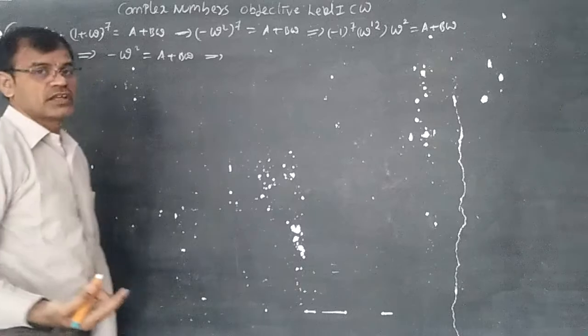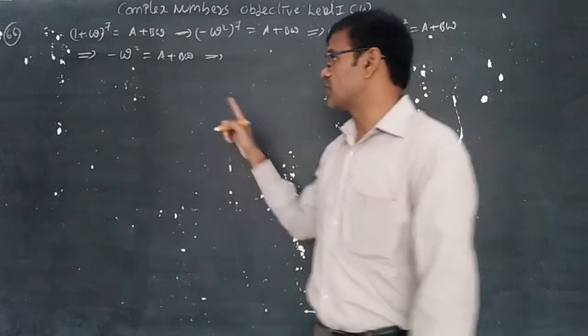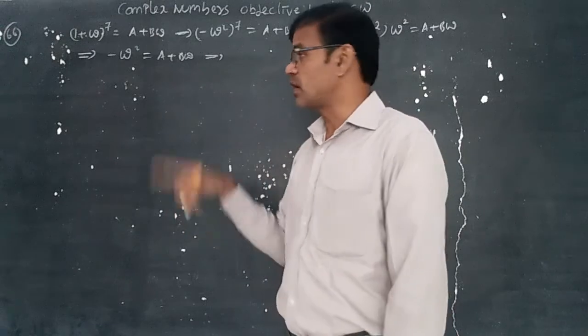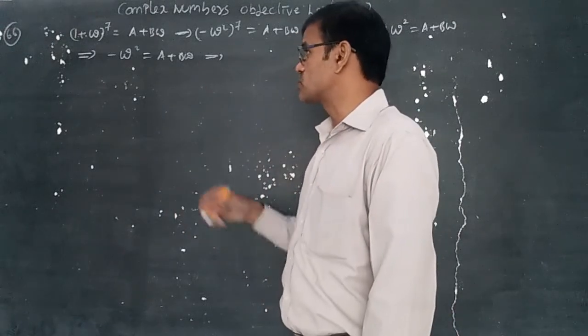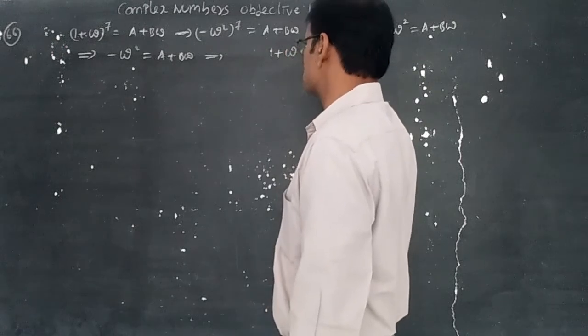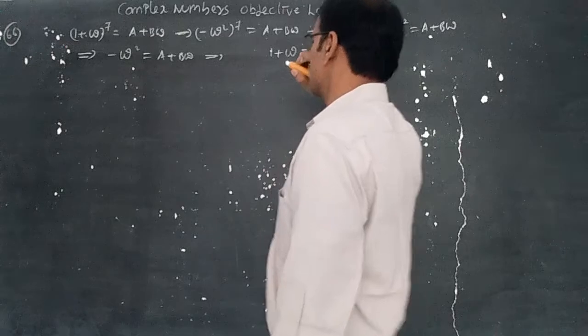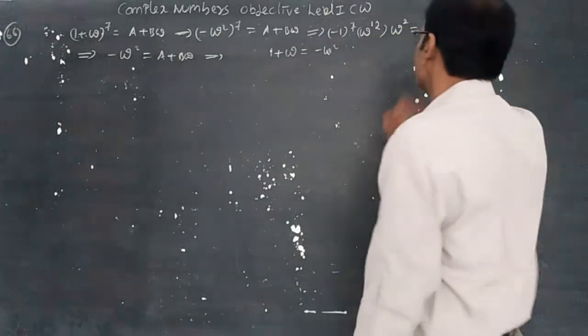Now we can understand here 1 plus omega plus omega square is equal to 0 concept. Omega square is equal to minus 1 minus omega. So 1 plus omega, meaning minus omega square, is minus 1 power 7 into omega power 12 into omega square.